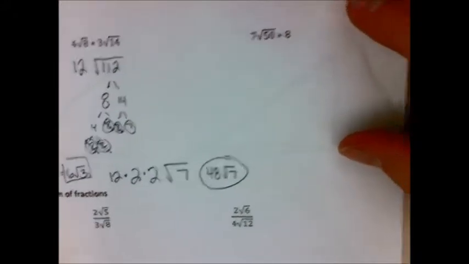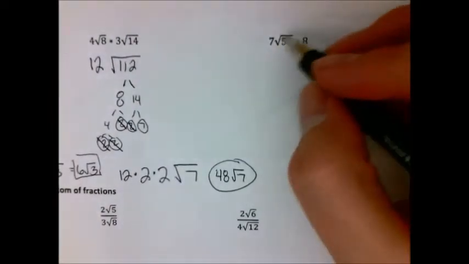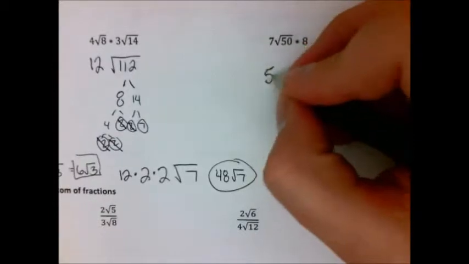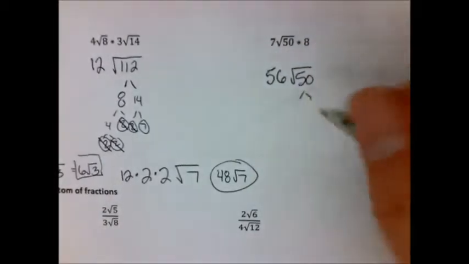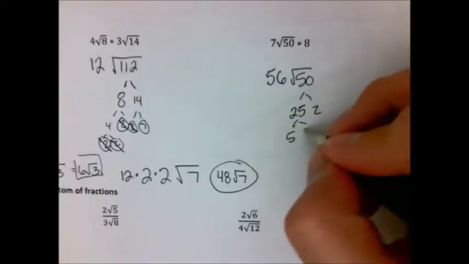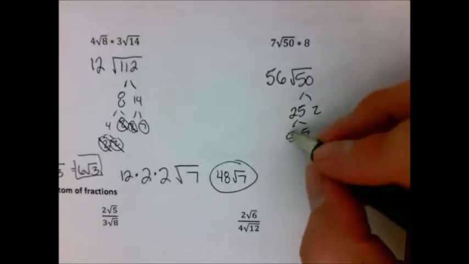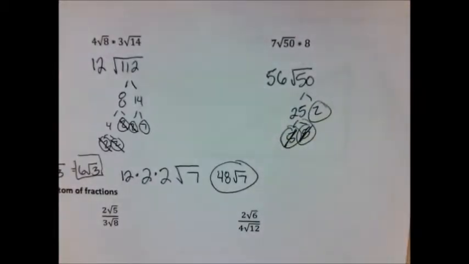Alright, next one. 8 times 7 would be 56, square root 50. Let's break down the 50 into 25 and 2. 25 breaks down to 5 and 5. So we've got 1, 2, 3 things. The only pair I've got are the 5s.